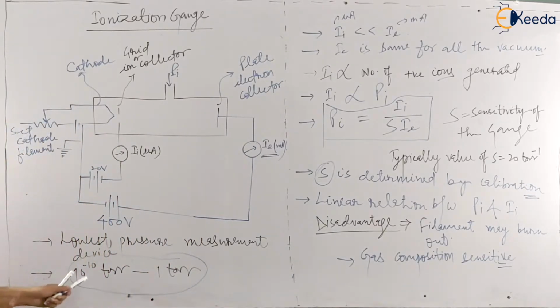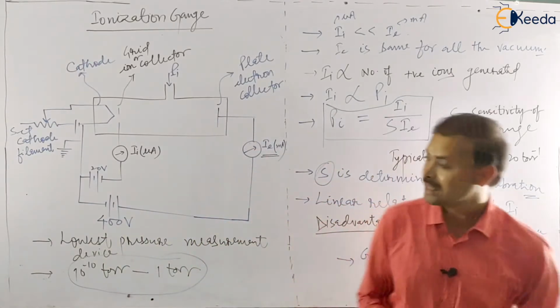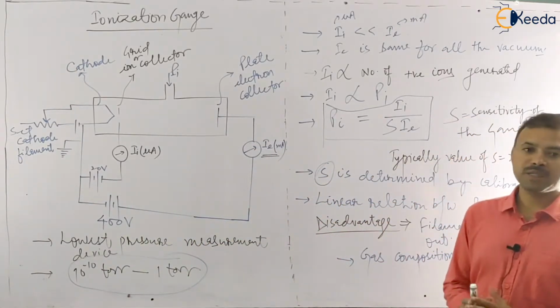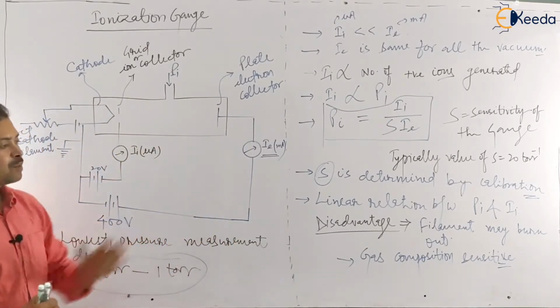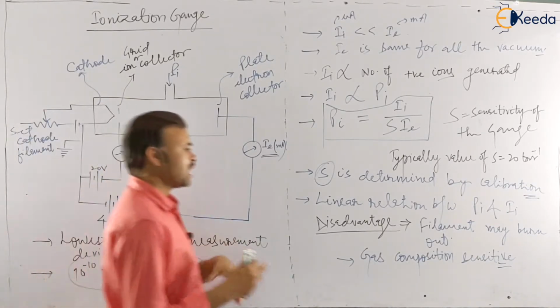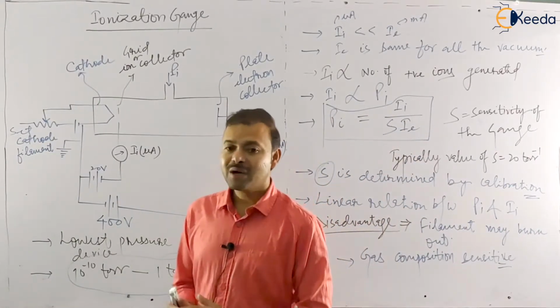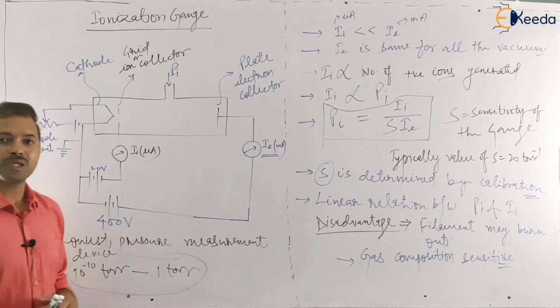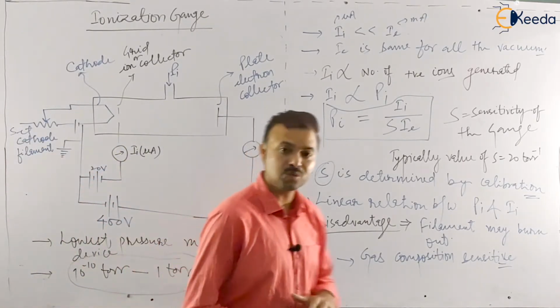This range is quite low, so it can measure the lowest vacuum pressures. So because of the problem of gas composition and the hazard of burnout, you have the Knudsen gauge. So after the ionization gauge, we are going to study the Knudsen gauge.